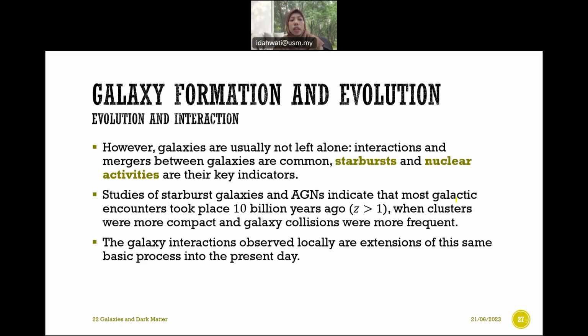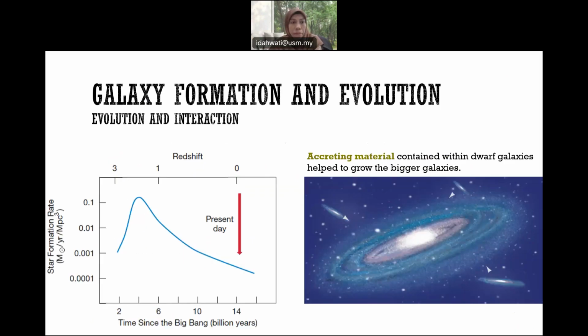Okay, so the galaxy interactions we observe locally are an extension of this same basic process into the present day. So this evolution and interaction happens as accreting material contained within dwarf galaxies helps to grow the bigger galaxy.